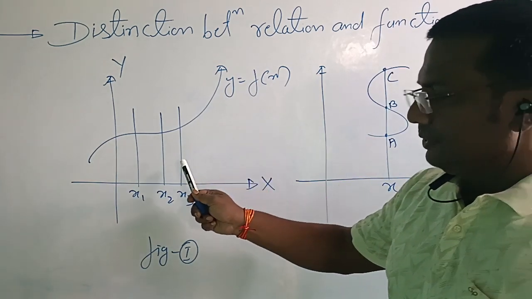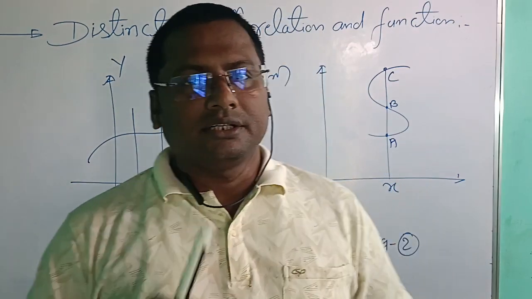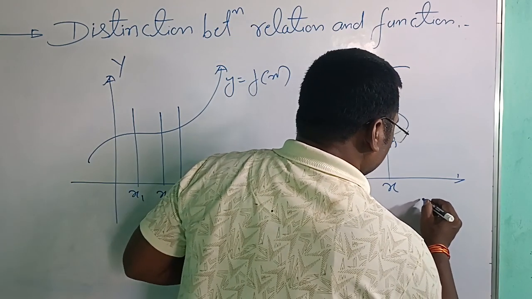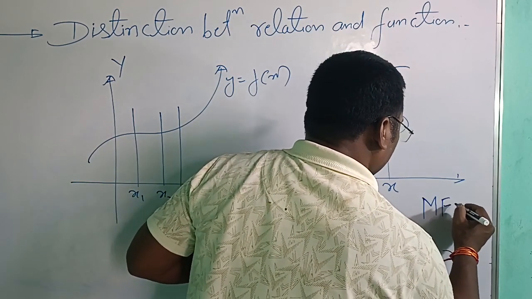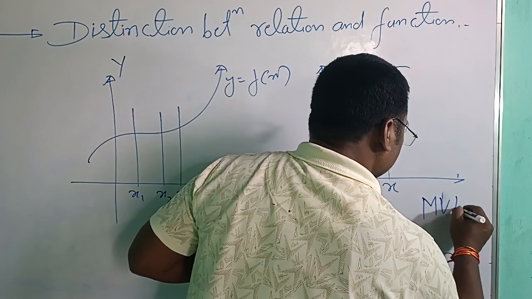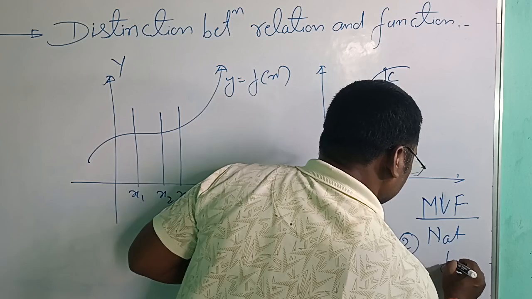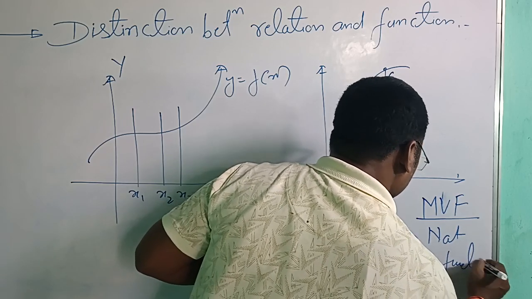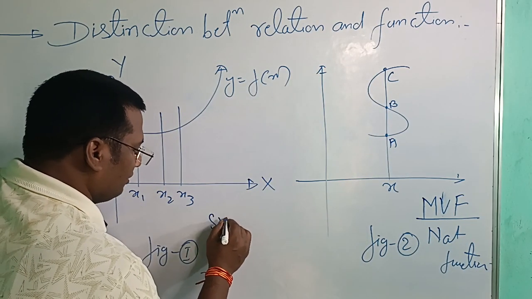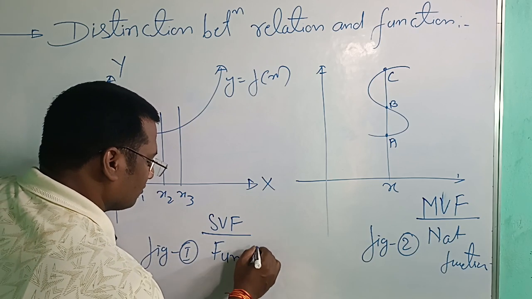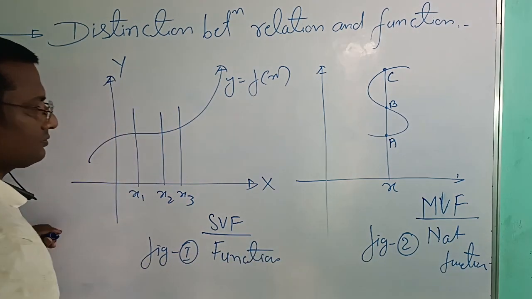A single valued function is a function, but a multi-valued function is not a function. This is the multi-valued function, you can say not a function. This is the single valued function, this is the function.